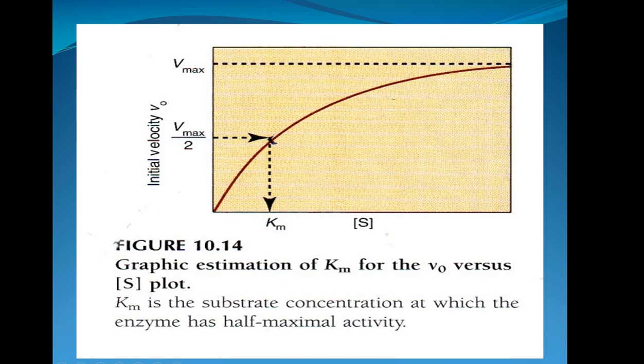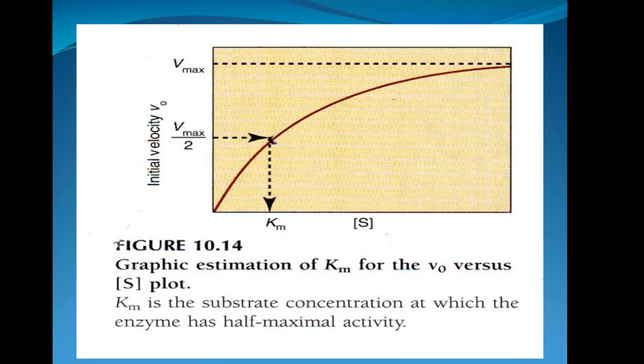So Km is the substrate concentration at which the enzyme has half the maximal velocity, that is, Vmax by 2. I will tell you in detail.